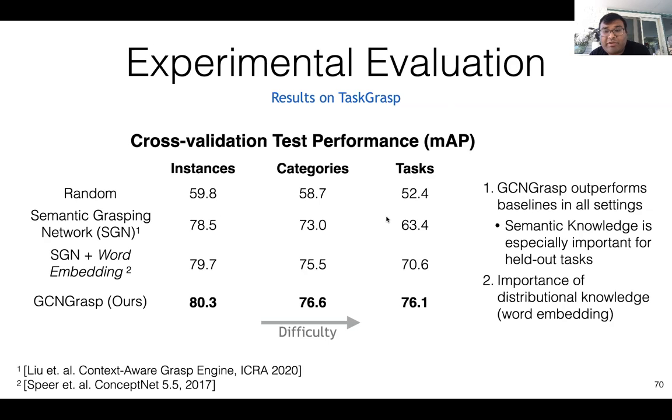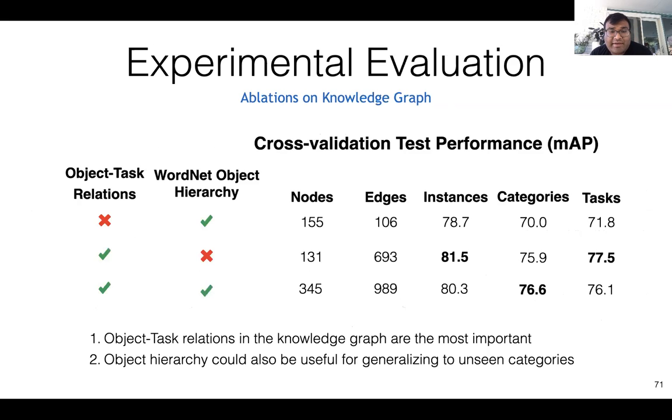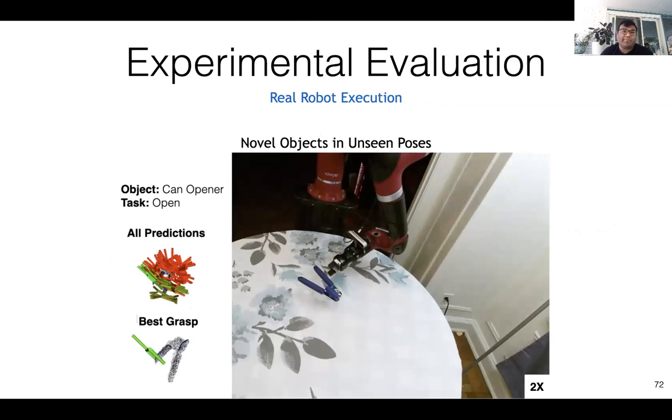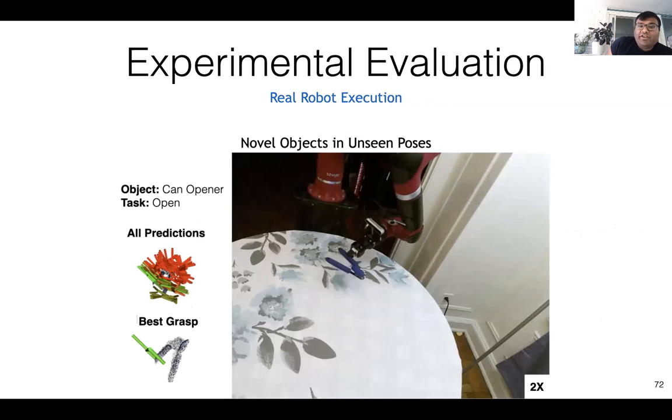For a completely new task, this works, which is the hardest difficulty level in some sense. Object-task relationships are the most critical to make it work. But the WordNet object hierarchy node relationships are also critical, especially when you're trying to generalize to a completely new category of objects.